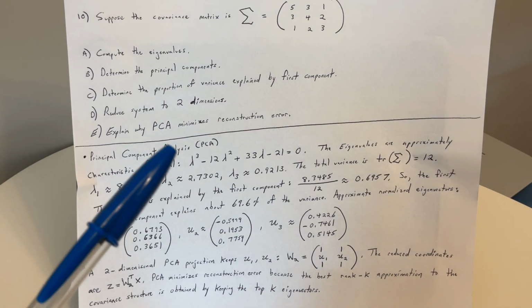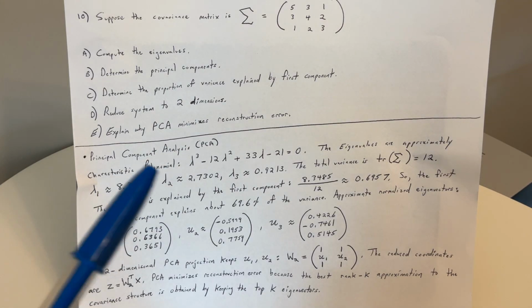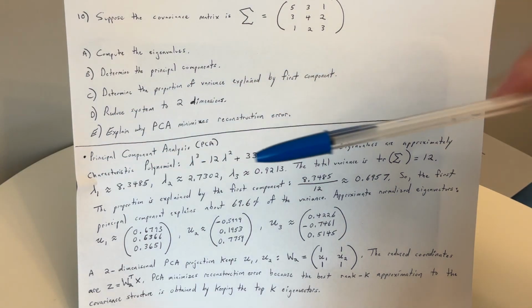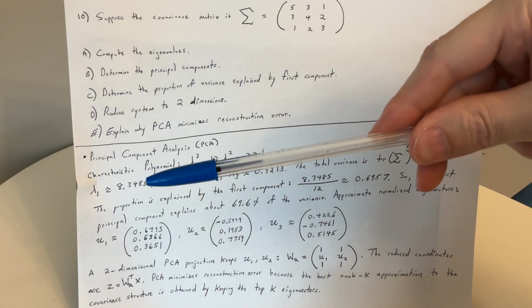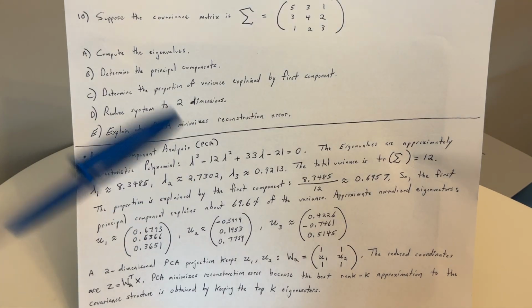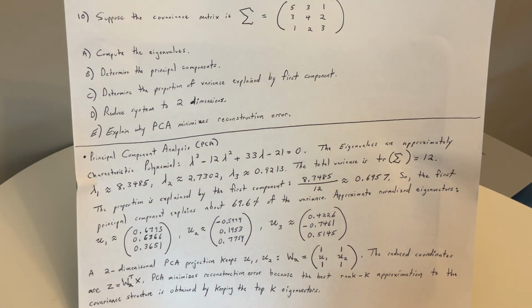So principal component analysis problem, PCA. So the characteristic polynomial, lambda cubed minus 12 lambda squared plus 33 lambda minus 21 equals 0. Eigenvalues are approximately: lambda sub 1 is about 8.3485, lambda sub 2 about 2.7302, lambda sub 3 is about 0.9213.